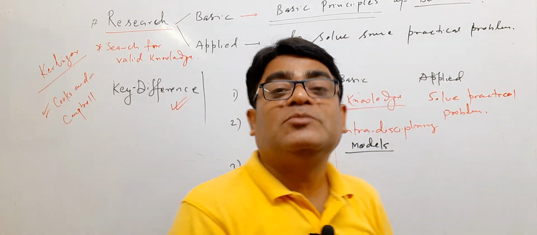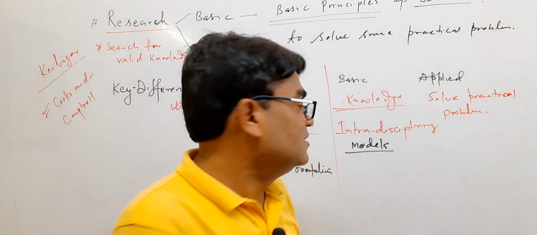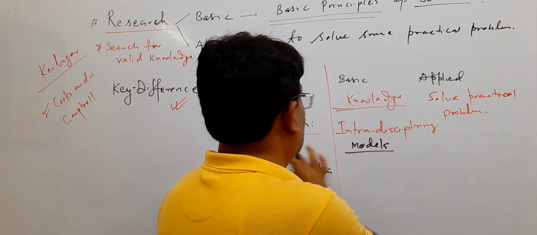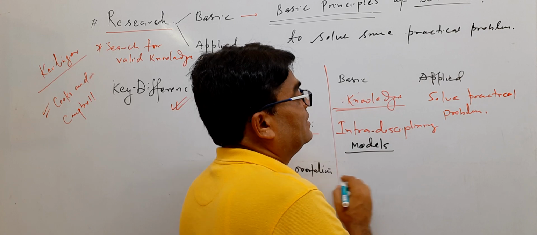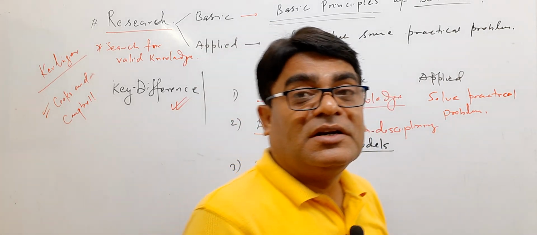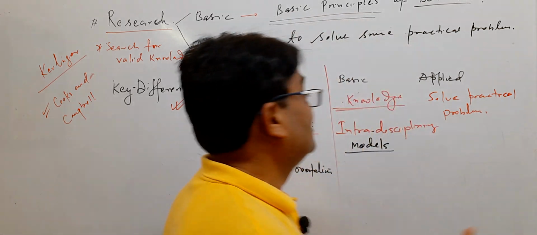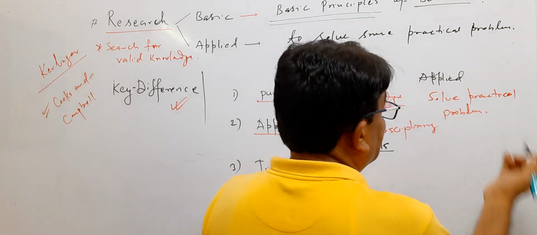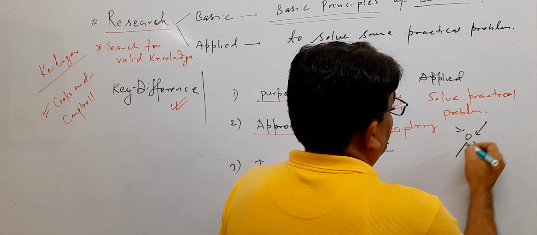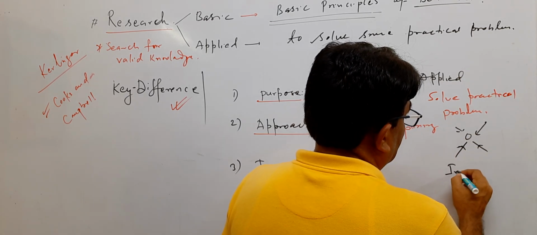You try to expand the existing body of knowledge, knowledge for the sake of knowledge, and you take an intradisciplinary approach. But here you want a solution, you don't want reasoning, you want a result. So when need arises, it could be interdisciplinary.